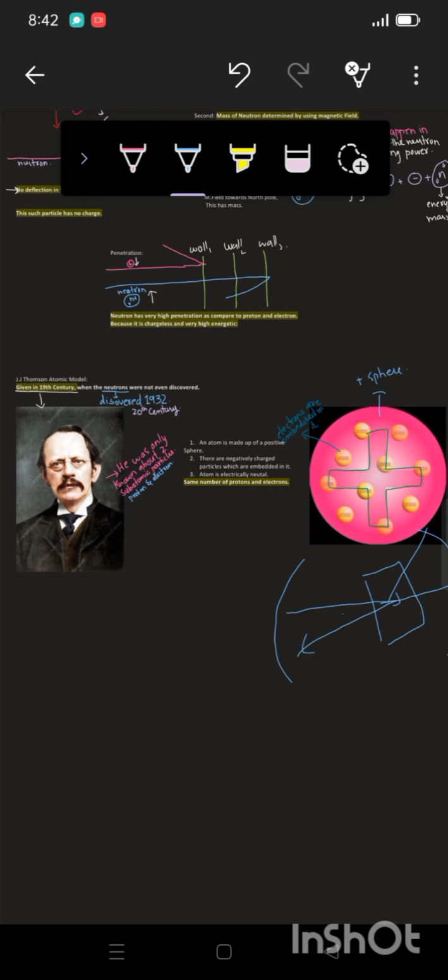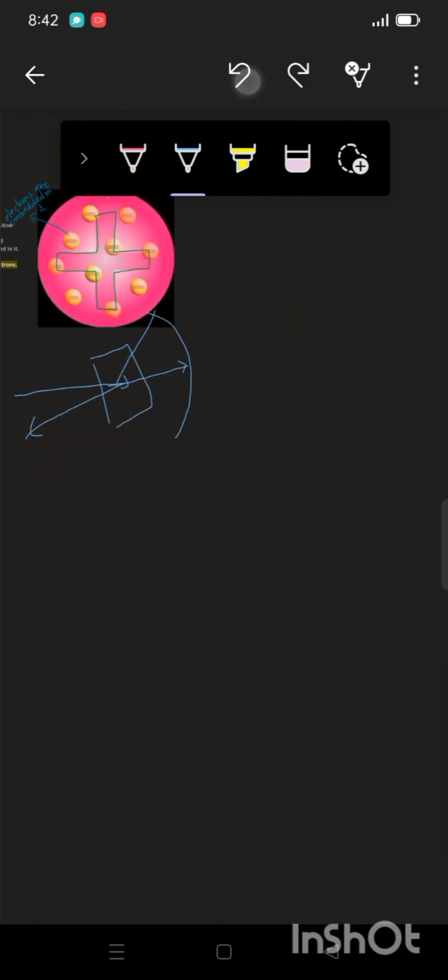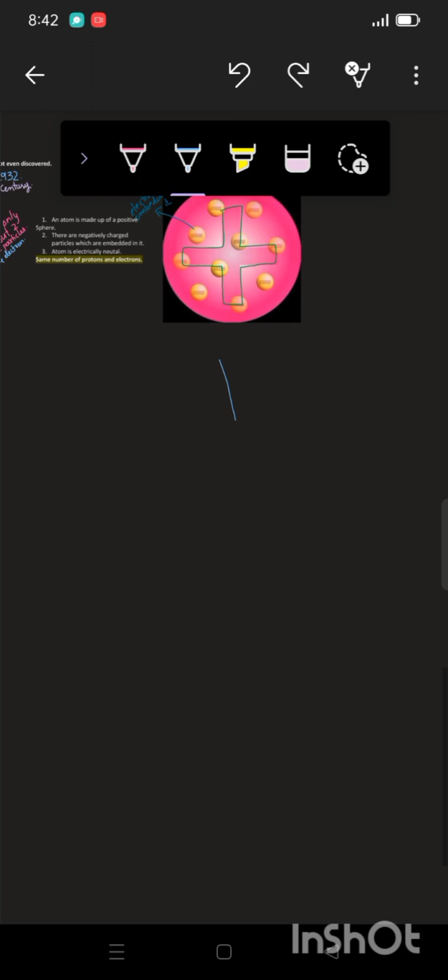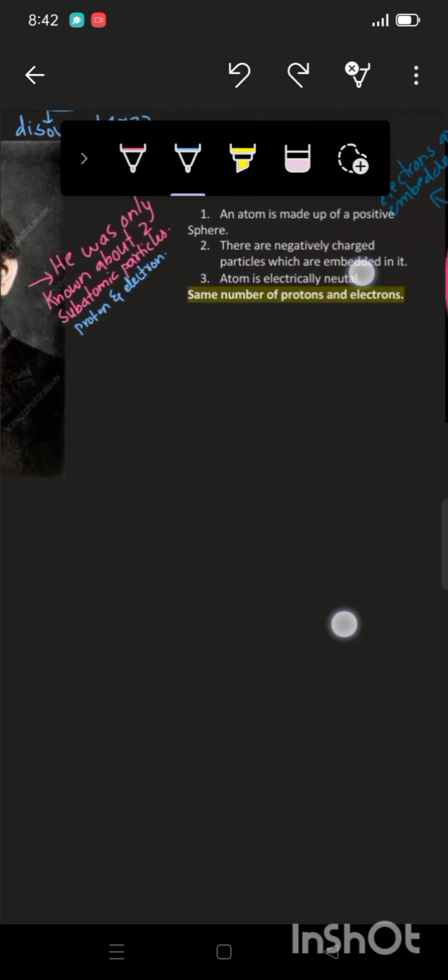But for this model, though it failed, he got the Nobel Prize, since this was the very first atomic model discovered, in the 19th century. That's why he got the Nobel Prize too.